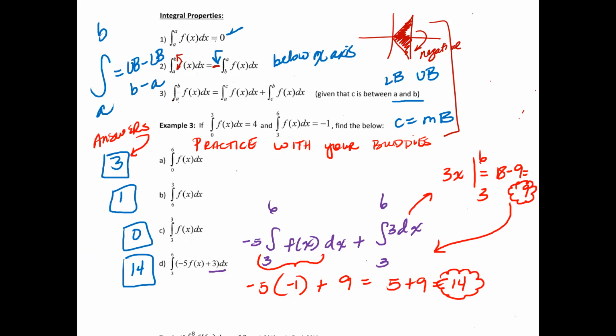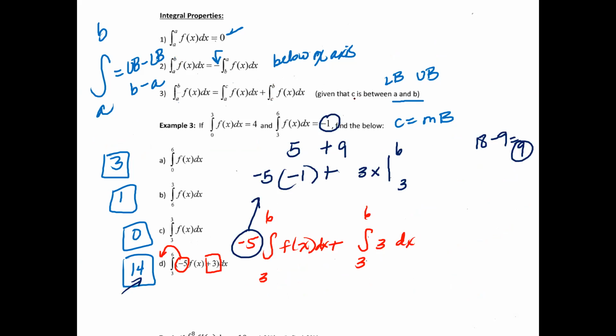Now for number 3, this is another good one, because if I have 2 different intervals from a to b, and let's say that there is an interval that is in between them, and I'm just going to call it c, it is possible for you to split the area. So you find the integral from a to c, and then continue it on between c to b.